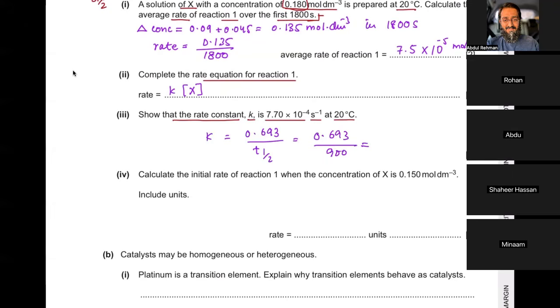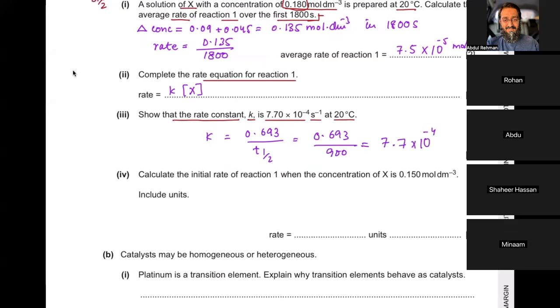Can anyone tell me the value? This is the expression that you need to remember, Amna. Okay. Over here, we are getting 7.7 exponent minus 4.